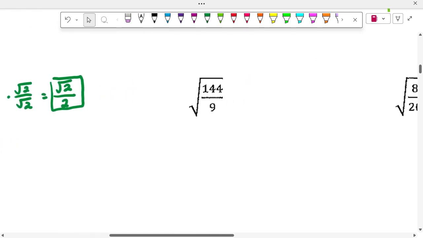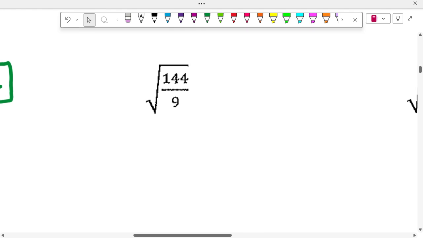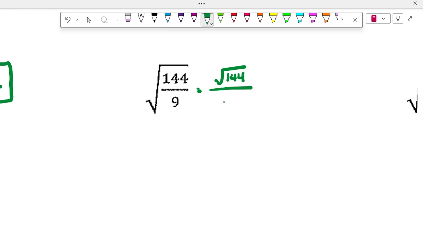All right, this one. We talked about this yesterday. We have a fraction under a radical which we don't technically like. How do I take care of it? Both sides, top and bottom. So you can split apart the radical itself. I can rewrite this as the square root of 144 over the square root of 9, which are both perfect squares, so that works out.